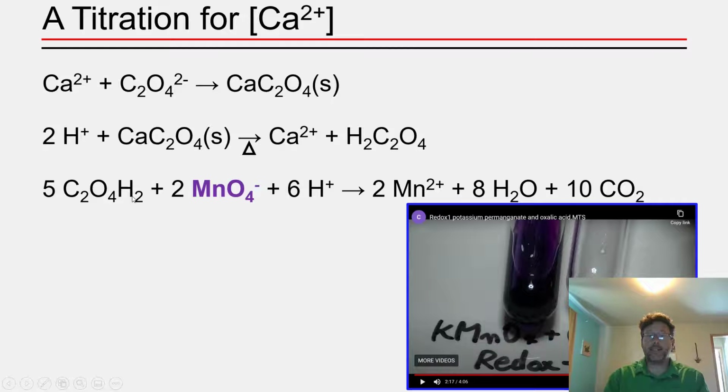The oxalic acid is then reacted with permanganate, which is a good oxidizing agent, in the presence of acid to produce manganese 2+ ion, 8 moles of water, and 10 moles of CO2. The stoichiometry of this reaction between oxalic acid and permanganate is 5:2.